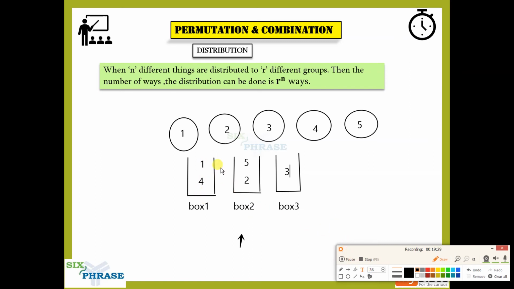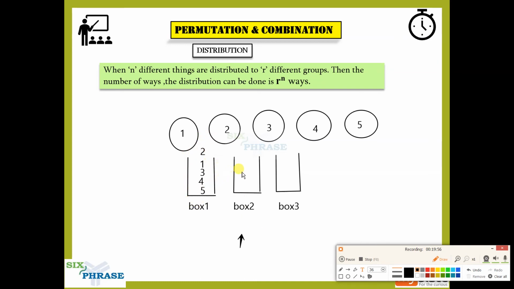For example, this single box can have 2 1 3 4 5. All the 5 balls are in a single box.